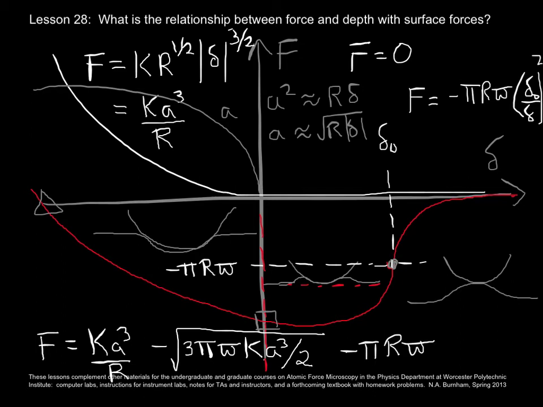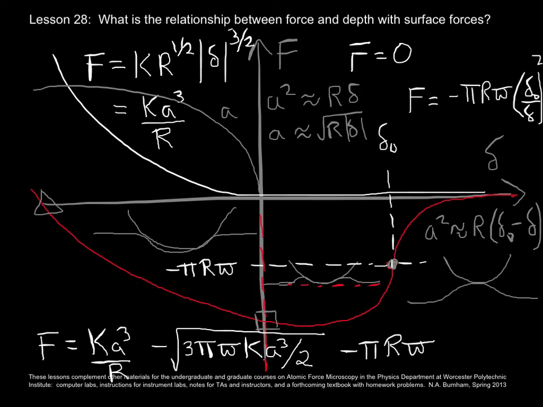Well, if we did the same thing with our new equation, we would be saying, well, there's no contact radius even though tip and sample have come into contact at delta 0. So we need a modified expression for a. Our new expression for a is a squared is approximately equal to R times quantity delta 0 minus delta.